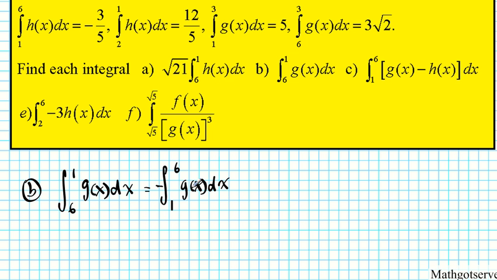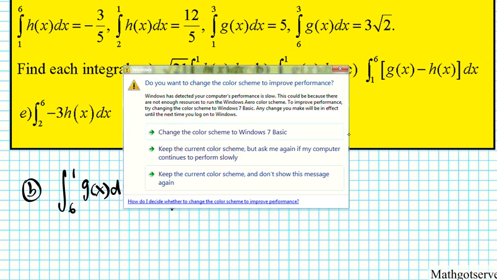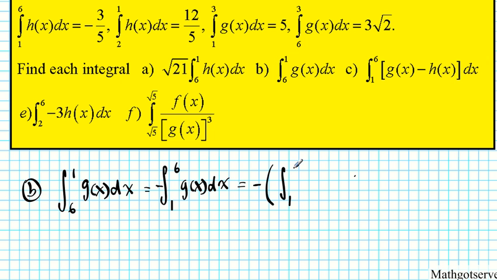Now let's see. Can I split this apart? The 3 is between 1 and 6, so I can write this as negative, the opposite of, parentheses, be careful with the sign here, the antiderivative from 1 to 3 of g of x dx plus the antiderivative from 3 to 6 of g of x dx.